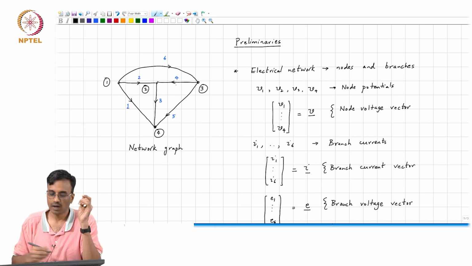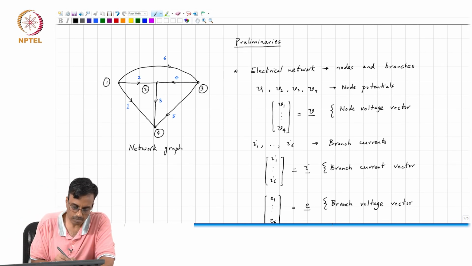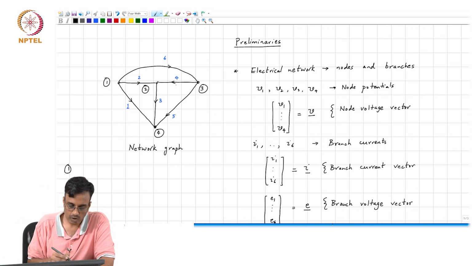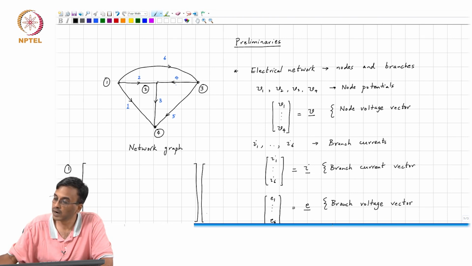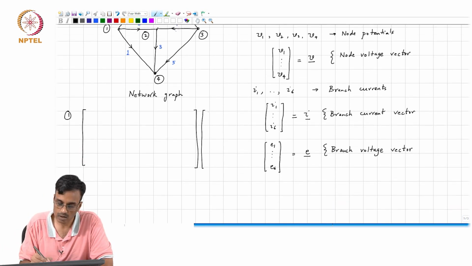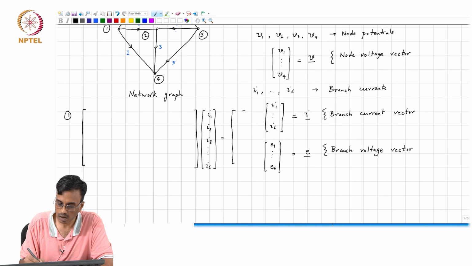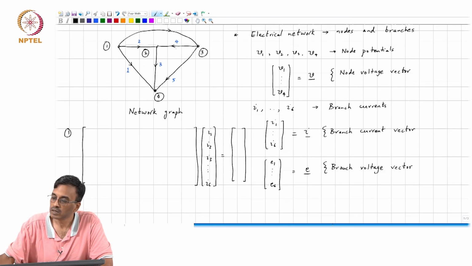So, let us write KCL for each node. Rather than write out each equation, we can write this in shorthand or matrix notation as follows, and again I am sure you have seen this in the past, but let me just do that anyway. So, this is I1, I2, I3 through I6.